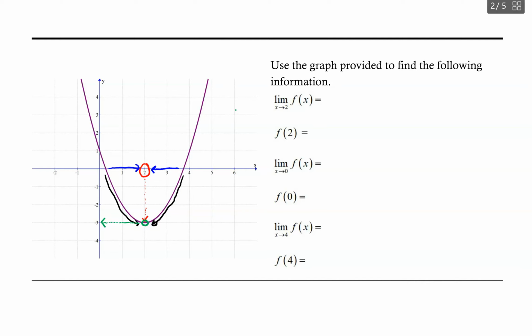Now, since I was able to approach 2 from the left and from the right, and those limits from the left and the right approach the same value, then we do have a limit as x approaches 2, and that limit is -3.